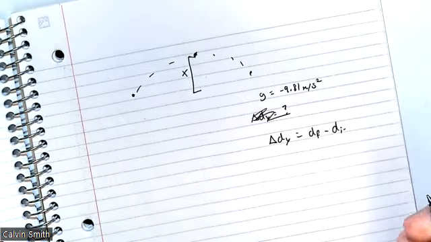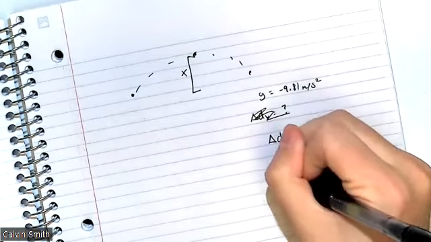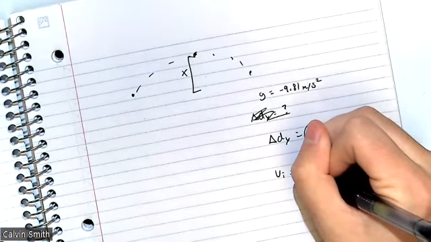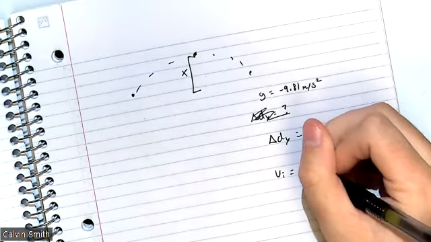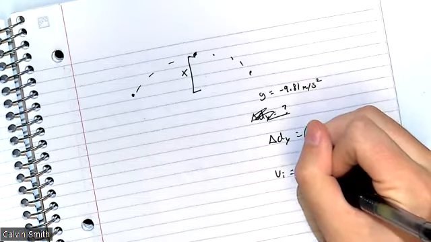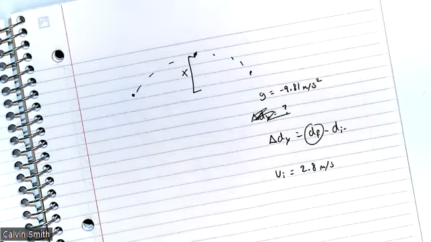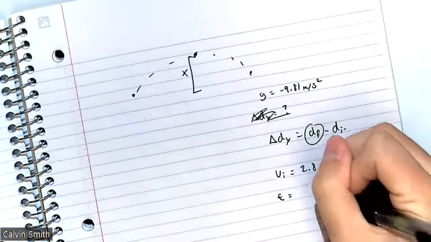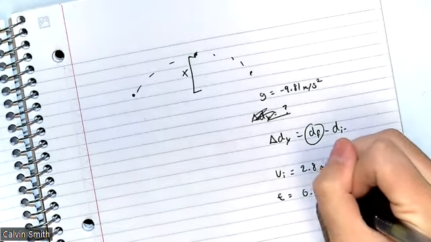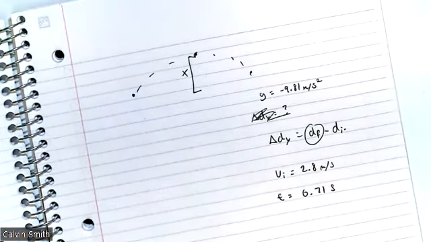They gave us d initial. We're looking for d final. We also know our initial vertical velocity is 2.8 meters per second. And then we know our total time, 0.71 seconds.